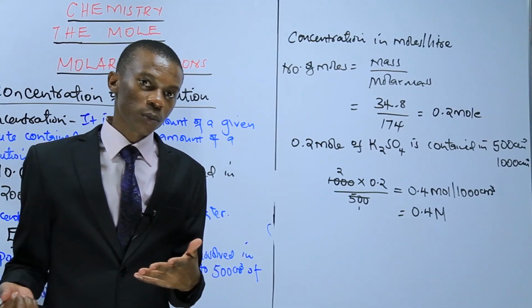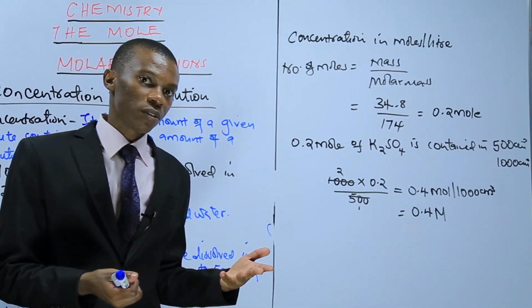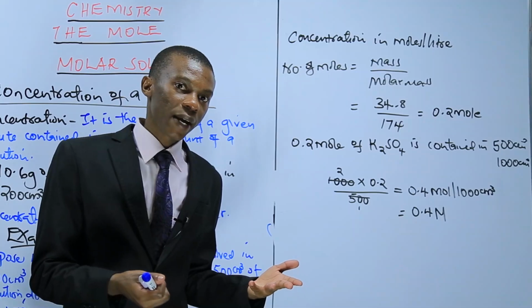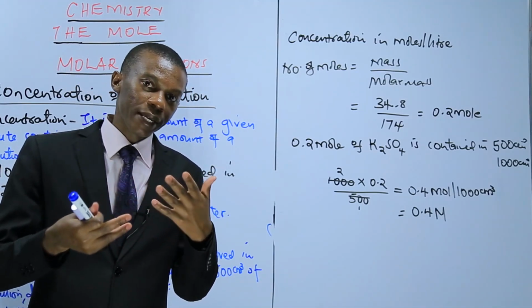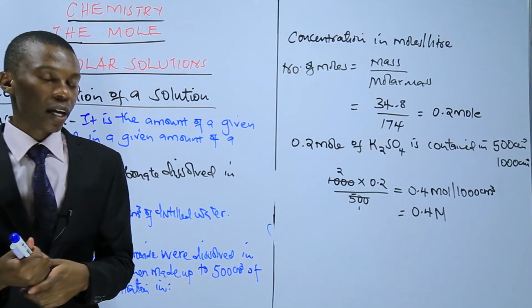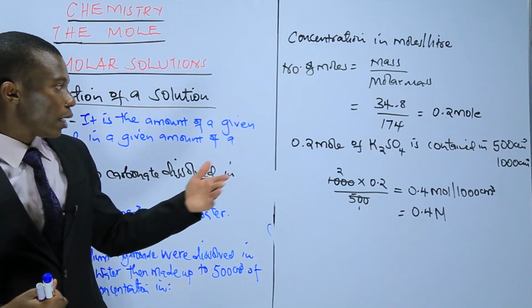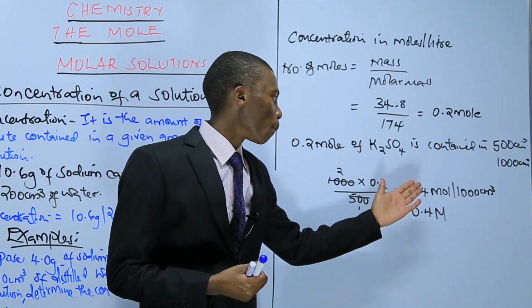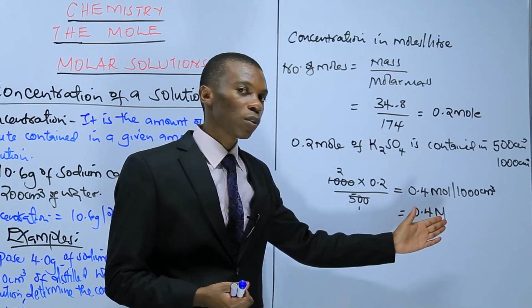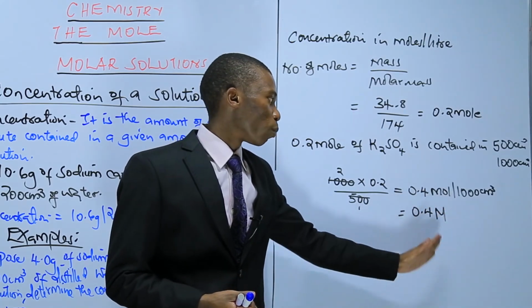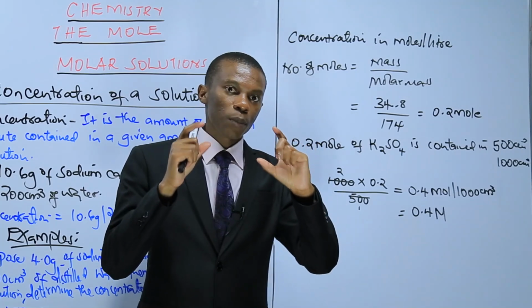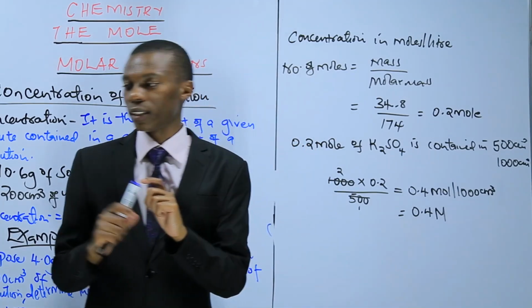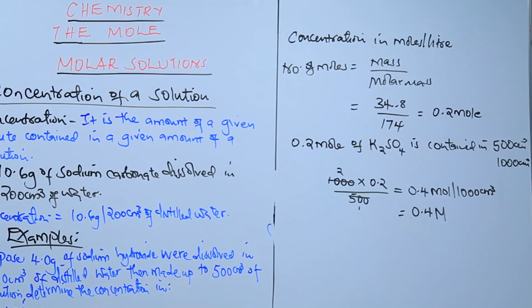Again, 0.4 mole per 1,000 centimeters cubed can also be written as 0.4 molar. Ensure that M is a capital letter, not a small letter. That is the second example.